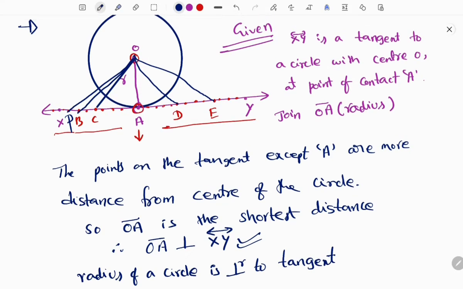Where is it perpendicular? At A. What is A? A is called the point of contact. So you can write: at the point of contact.